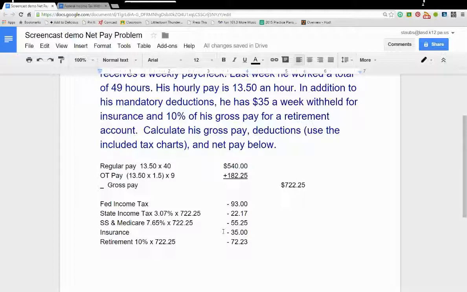That's all his deductions. So now what we're going to do is add up all the deductions. And that will give us total deductions.